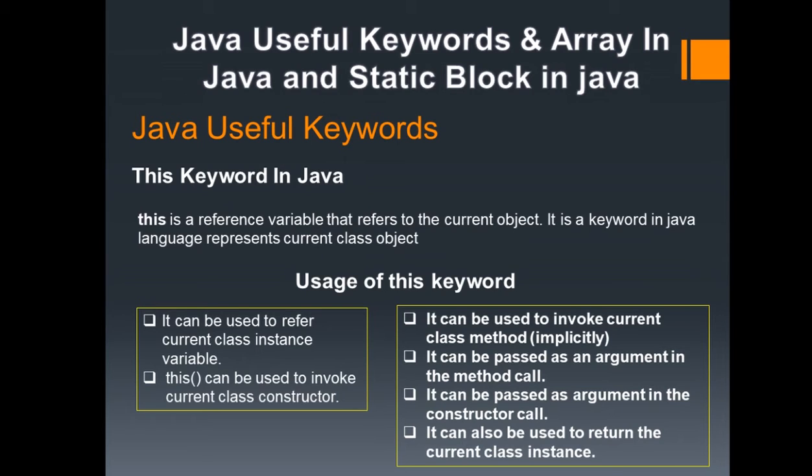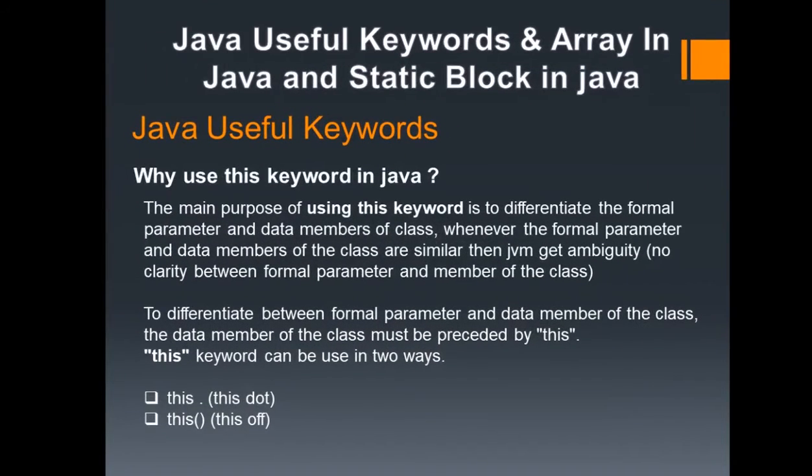It can be used to invoke the current class method implicitly. It can be passed as an argument in the method call. It can be passed as an argument in the constructor call. It can also be used to return the current class instance.